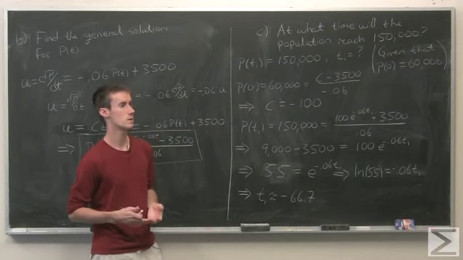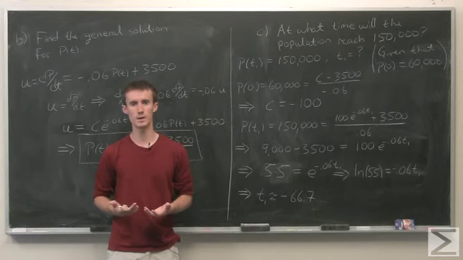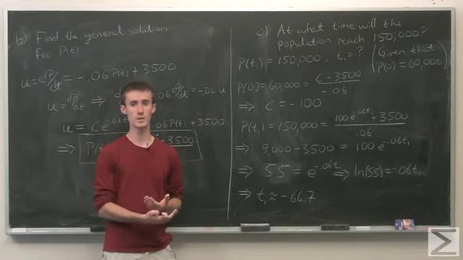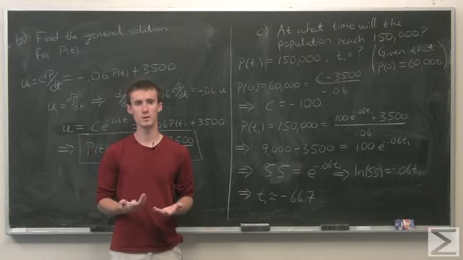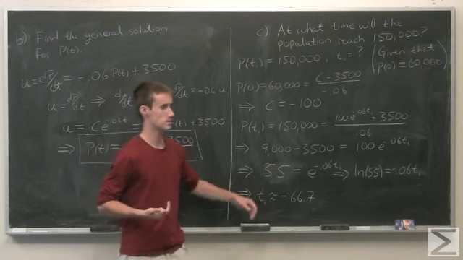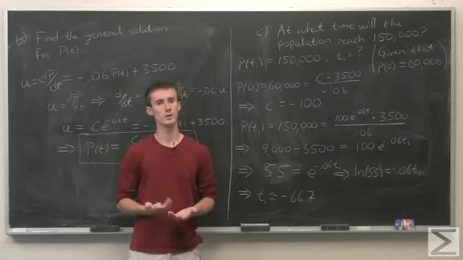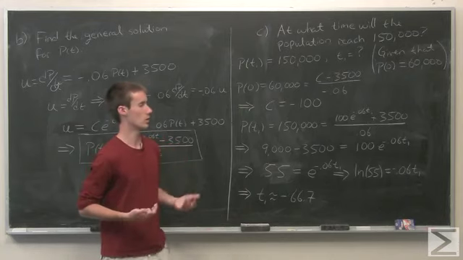So this does make sense. If you start out with initial population 60,000 in 1990, population is just going to go down as time goes on. But assuming that the model was true for previous years, if you go back far enough, in this case 66.7 years, you find that the model predicts that the population was, in fact, 150,000.